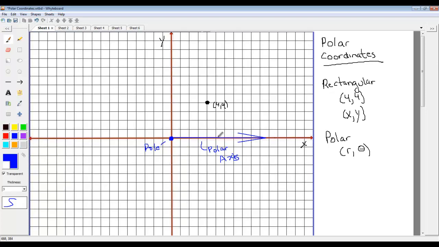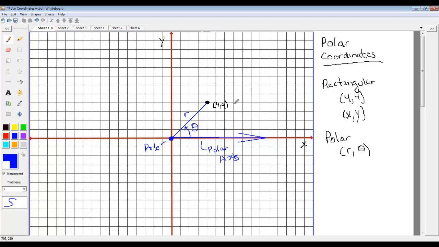And with this system, we look at these points, and instead of having xy coordinates, what we have is r, theta. We explore, well, how far from the pole is it? That's our r. And what's the theta?